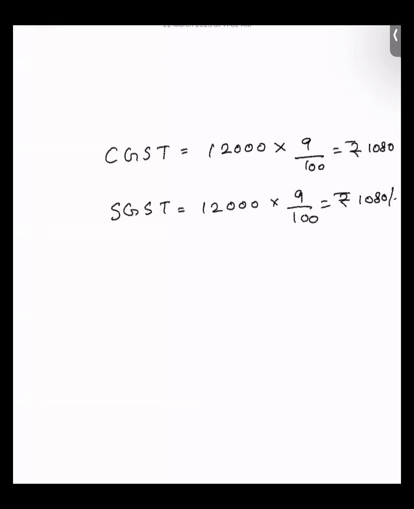Now, the product from Banaras is again sold to a dealer in Ranchi at a profit of 4,000. So when you are selling from Banaras to Ranchi, what does the selling price become? The selling price becomes 12,000 plus 4,000, because the profit is 4,000.